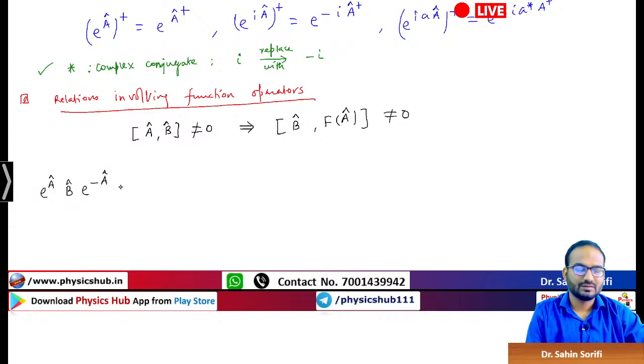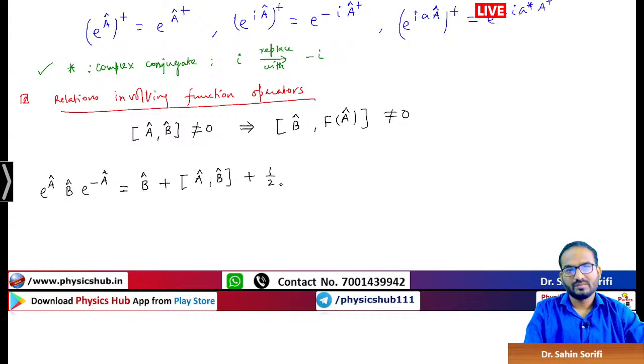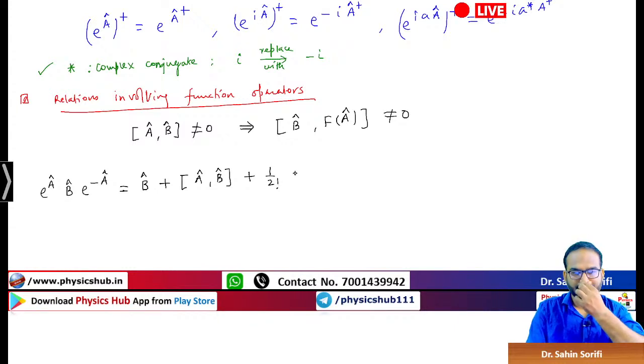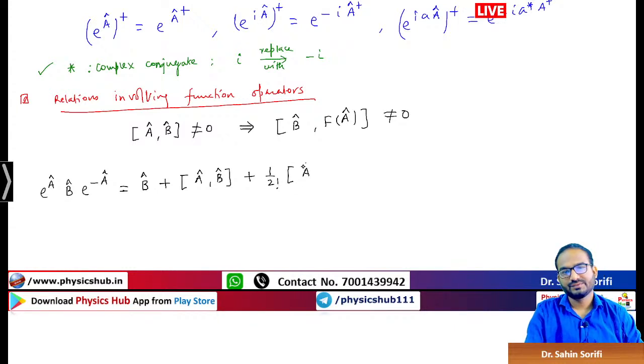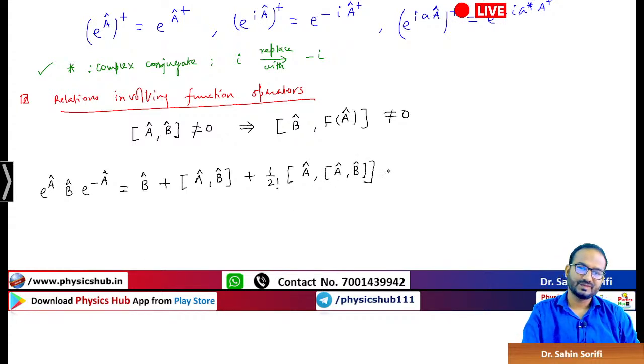Sometimes questions come from this. e to the power A B e to the power minus A is equal to an expansion in this way: firstly B, plus the commutator of A and B, plus 1 by 2 factorial commutator of A with the commutator of A and B. This will keep on increasing in this way, plus 1 by 3 factorial.